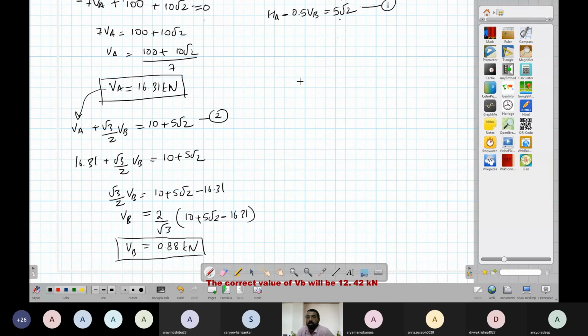Now we'll substitute in the equation for HA. So HA minus 0.5 into 0.88 equal to 5.